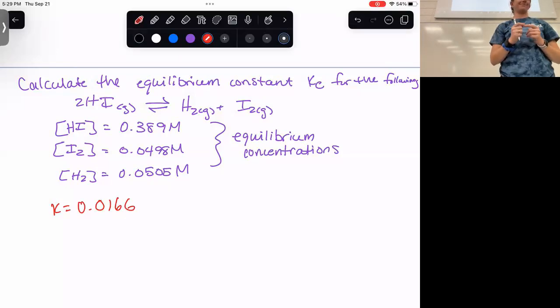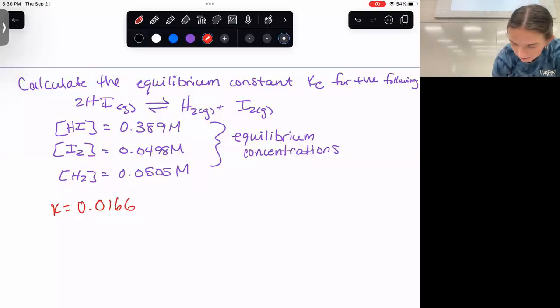First taking the concentration of hydrogen and iodine, multiplying those together, and then dividing by the concentration of hydroiodic acid squared.